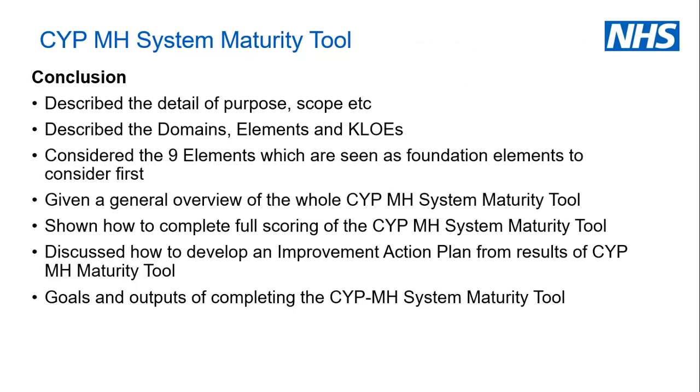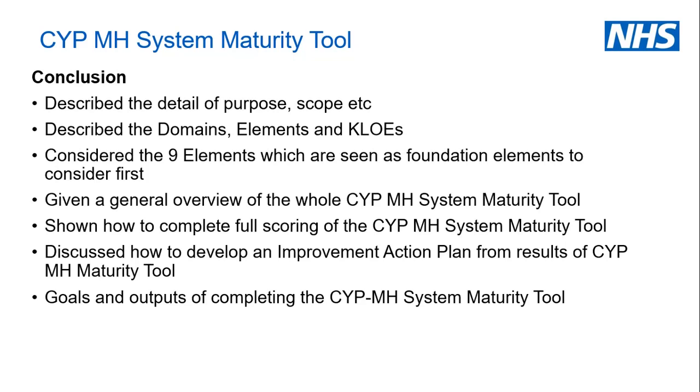So just to conclude then, what have we talked through in this session? We've described the detail, the purpose and the scope of the CYP Mental Health System Maturity Tool. I've taken you through those 10 domains, 61 elements and the KLOEs that are there under every different element within the tool. We've talked about those 9 elements which are seen as foundation elements to consider first, and that we've encouraged you to think about those as the starter for using this tool.